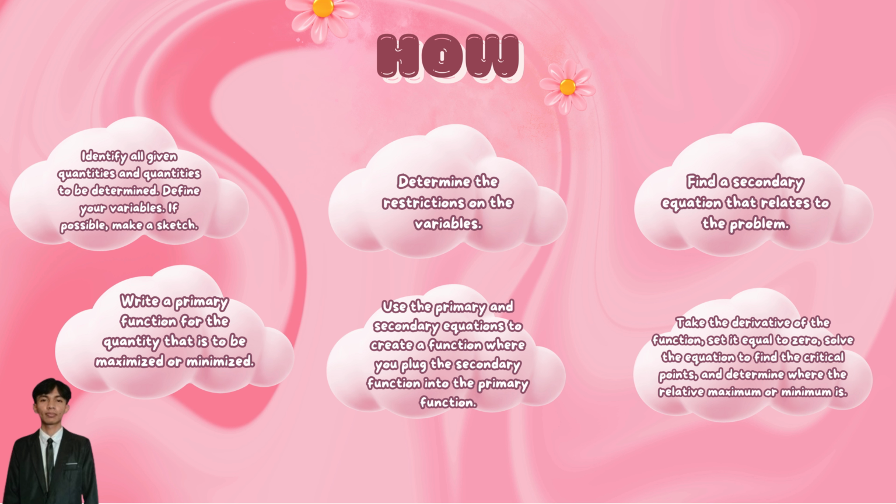Write a primary function for the quantity that is to be maximized or minimized. Then, use the primary and secondary equation to create a function where you plug the secondary function into the primary function. Last but not least, take the derivative of the function, set it equal to 0, solve the equation to find the critical points, and determine where the relative maximum or minimum is.